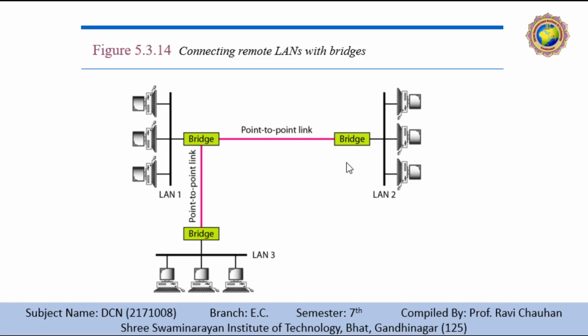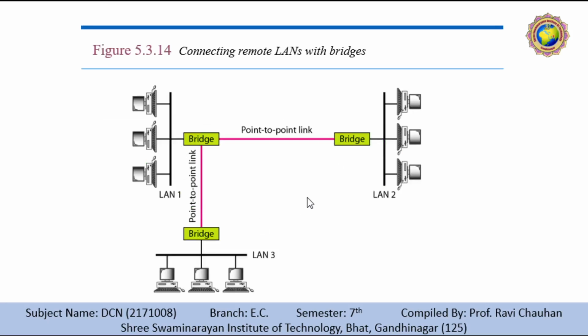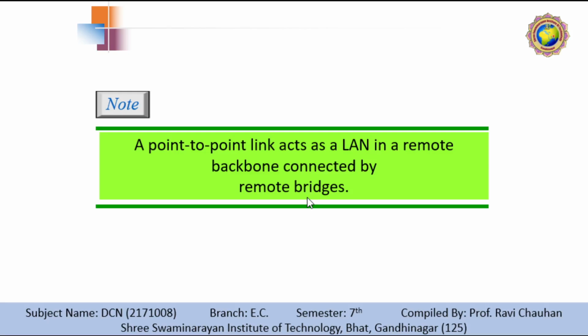Our figure shows a backbone connecting remote LANs. So we can say that our point-to-point link acts as a LAN in a remote backbone connected by remote bridges, as you can see over here. Fine. So this is how to connect various LANs remotely.